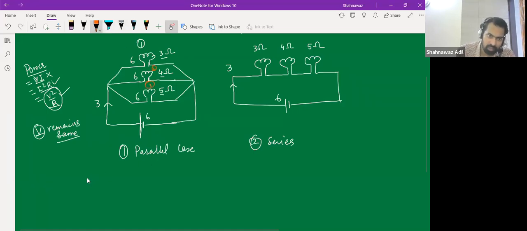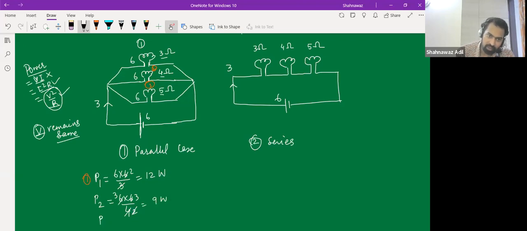In bulb 1, the power is V square by R, so this is 12 watt. And bulb 2 has power 6 into 6 by 4, so 9 watt.